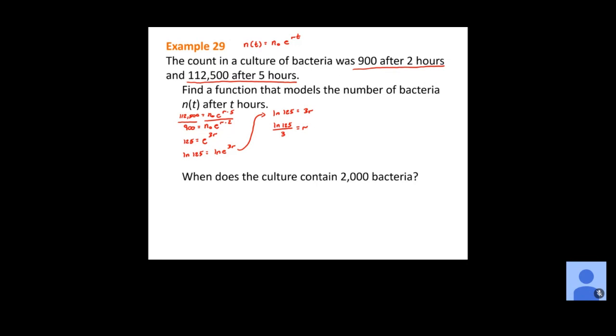Once we know the r value, now we can go back and find N sub 0, and then we'll know what we need for our function. So it's up to you. I'm going to use the smaller values here, so I'm going to go with the 900. So we'll say 900 equals N sub 0, e. Our exponent now becomes natural log of 125 over 3 times 2.